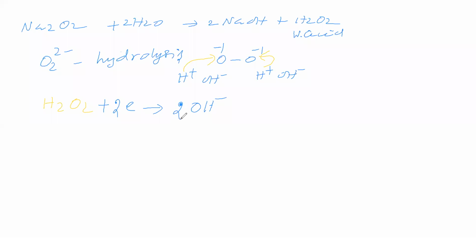So hydrogen peroxide becomes hydroxide. Hydrogen peroxide undergoes reduction because chromium 3 hydroxide, chromic hydroxide, is +3. It undergoes oxidation to give chromate, which is +6. Chromium is undergoing oxidation, so hydrogen peroxide is undergoing reduction. Now +3 becomes +6 by losing 3 electrons.